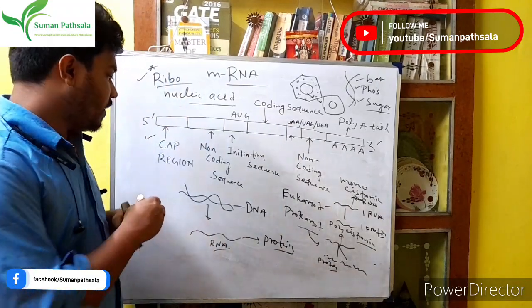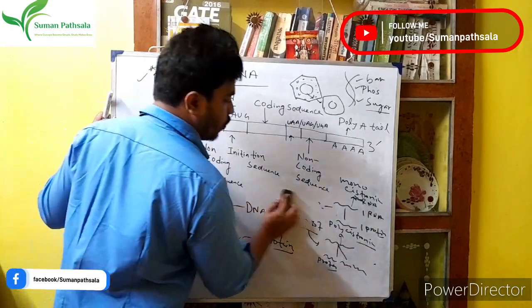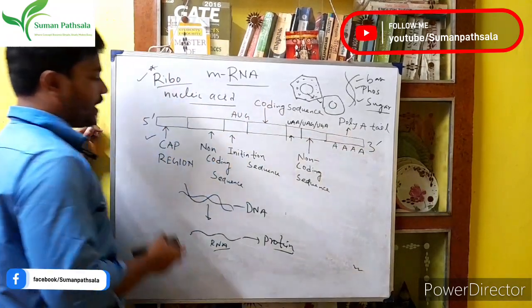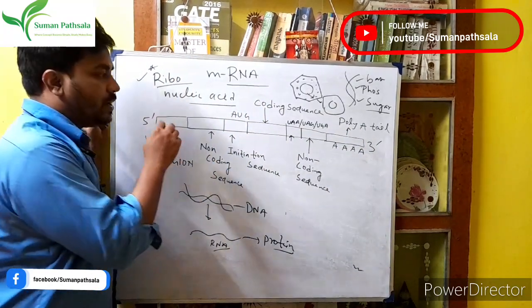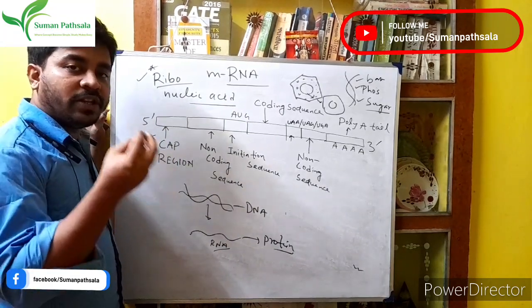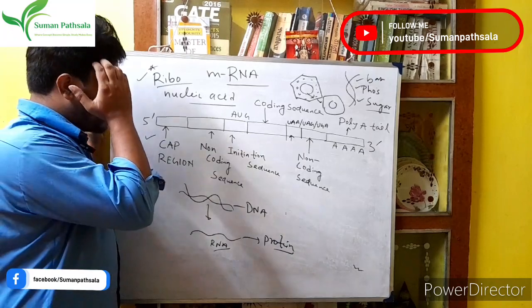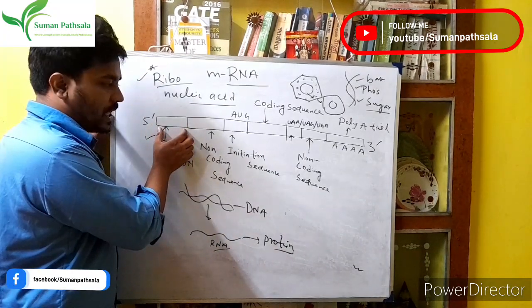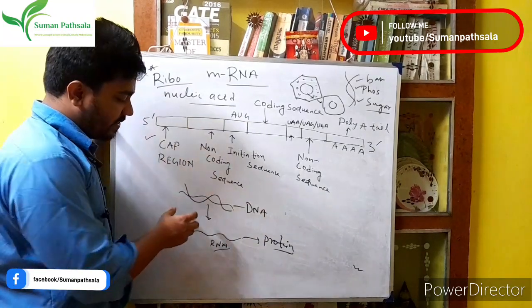Clear? Okay. Now we have to understand what the actual sequence of an mRNA is. So when the mRNA is formed during transcription, what happens in the mRNA? They form a cap-like region. It is the same as DNA.